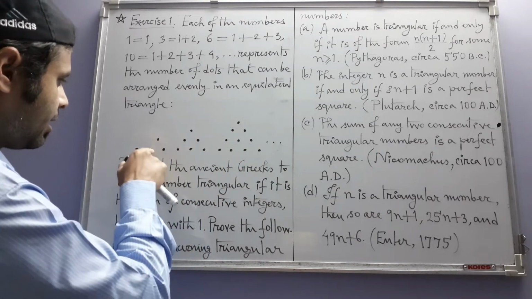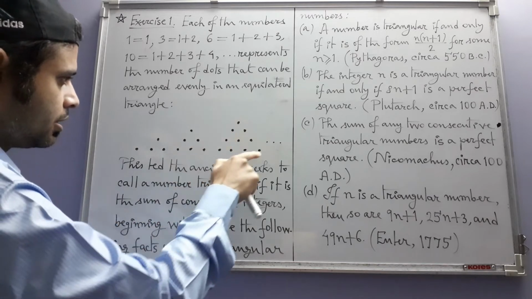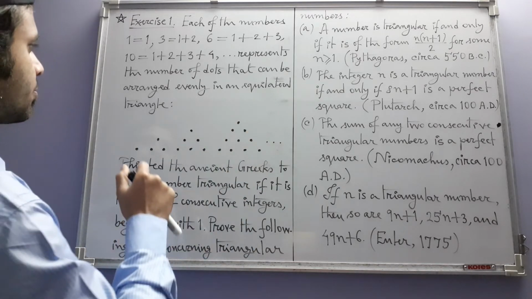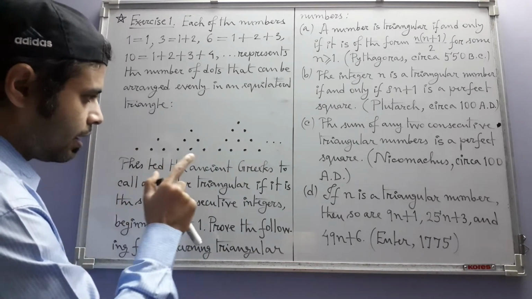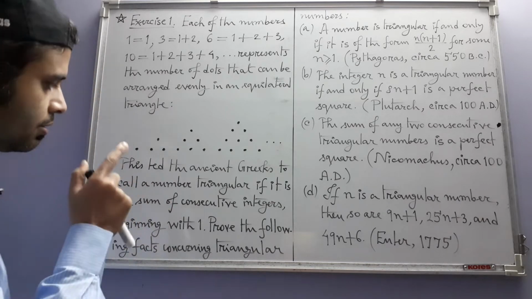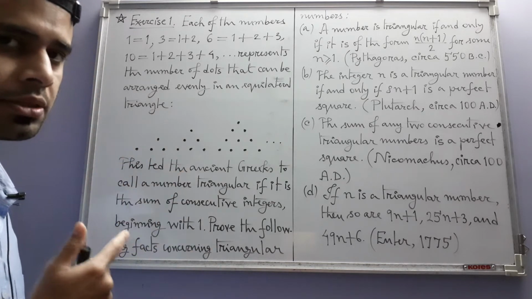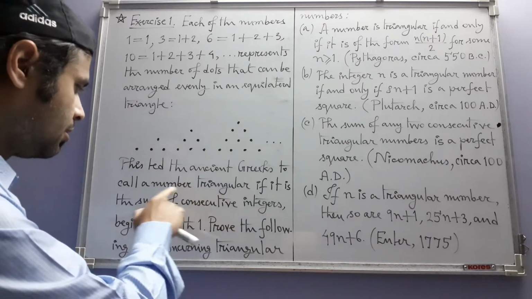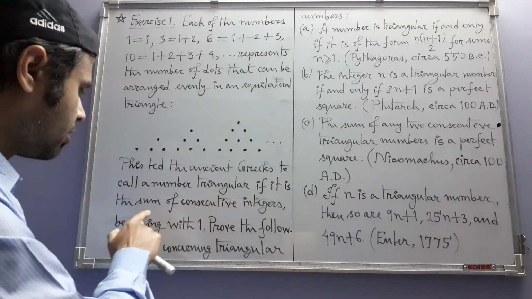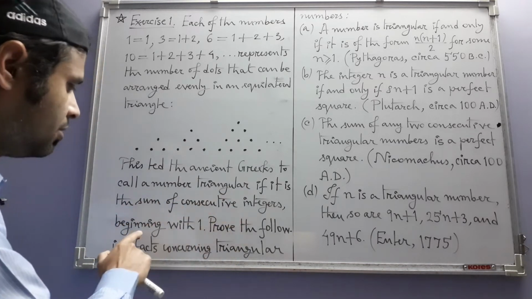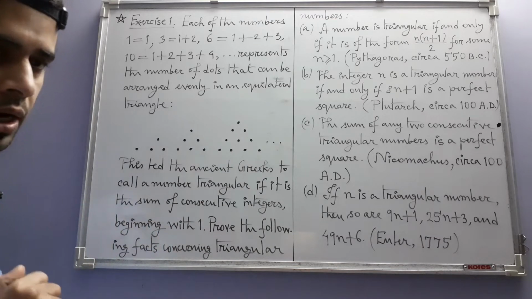So they can be arranged like this in an equilateral triangle. And this led the ancient Greeks to call this type of numbers triangular numbers. That is, a number is called triangular if it is the sum of consecutive integers beginning with 1.